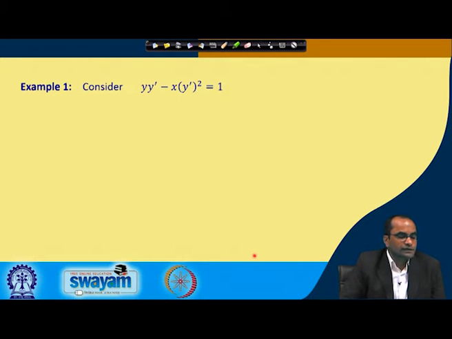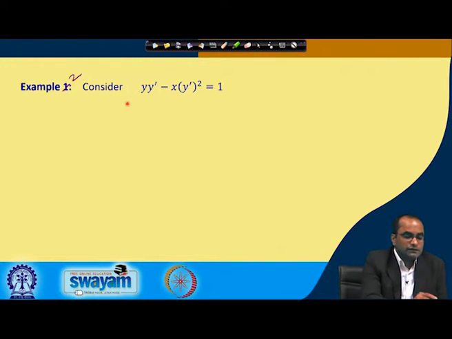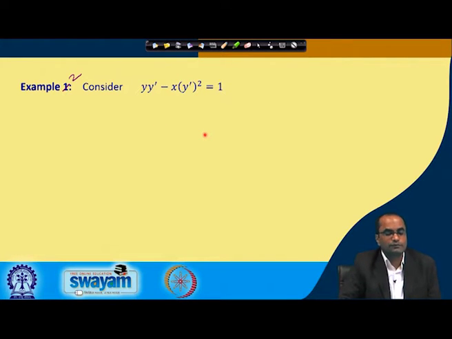Another example, example number 2. Here we consider y' - x(y')^2 = 0.